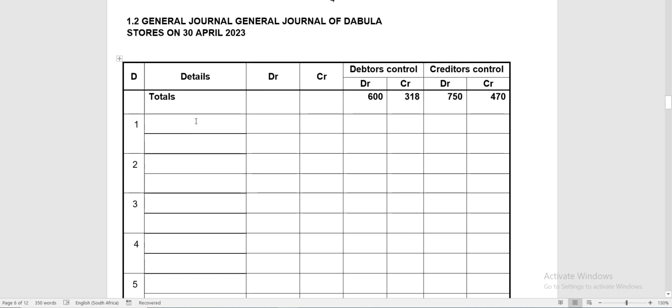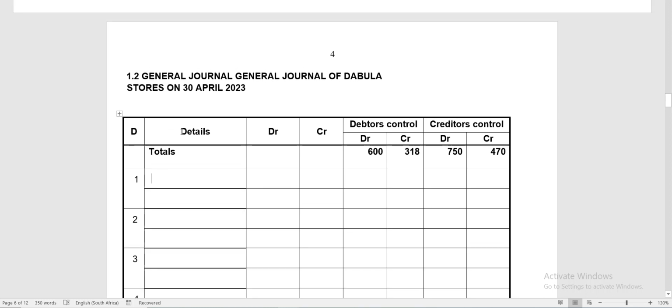So in our answer book, for this transaction, here they want us to show the total amount, the totals that we are going to either debit or credit. But remember, under details we need to show which account we are debiting, which account we are crediting.